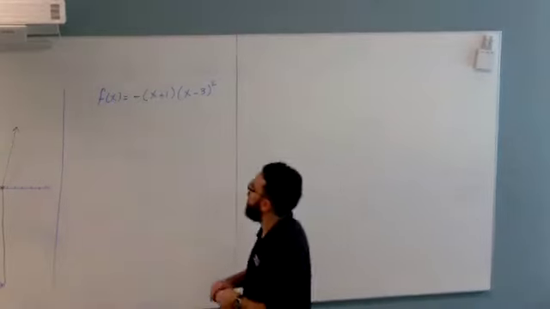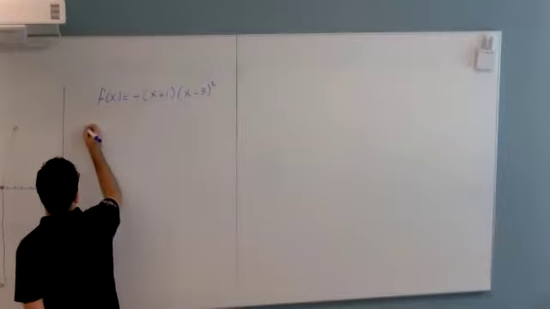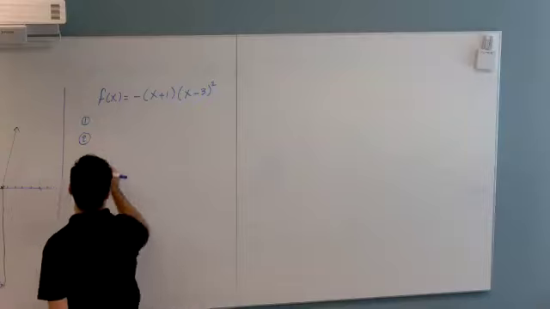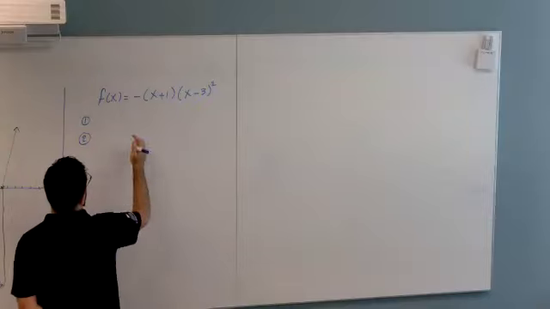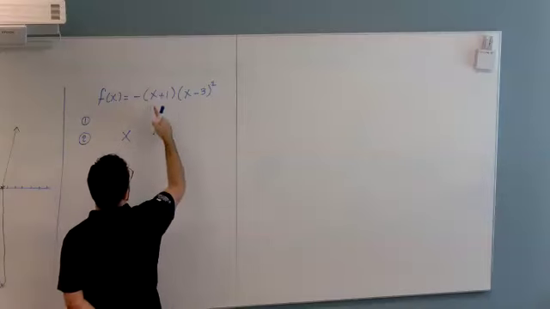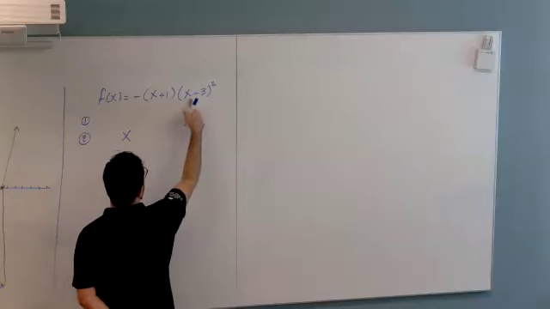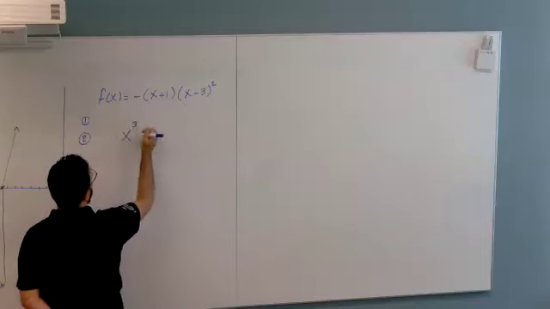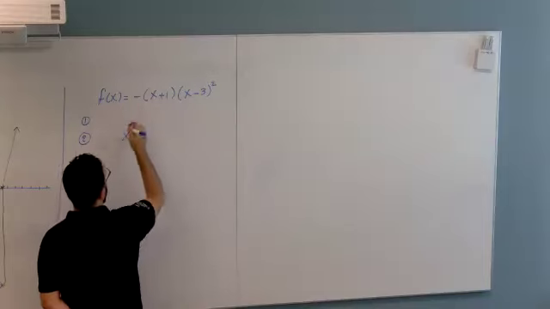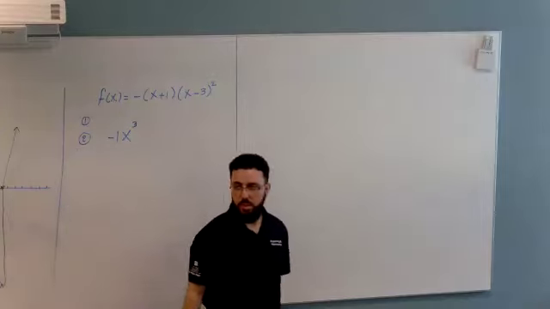Step 1. It's already in the factored form, right? Step 2, you need to find the end behavior. How much are the exponents here? X to the power 1 times x squared is what? X cubed. Now let's check. 1 times 1, 1. And there is negative 1. Negative 1. See what I'm doing?